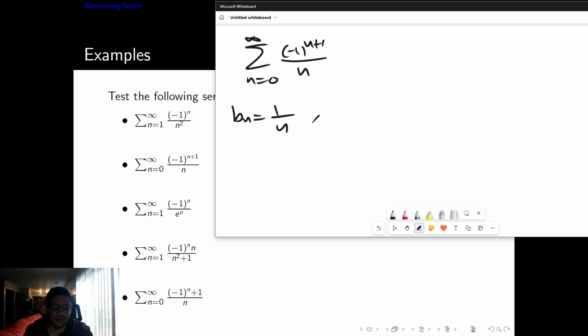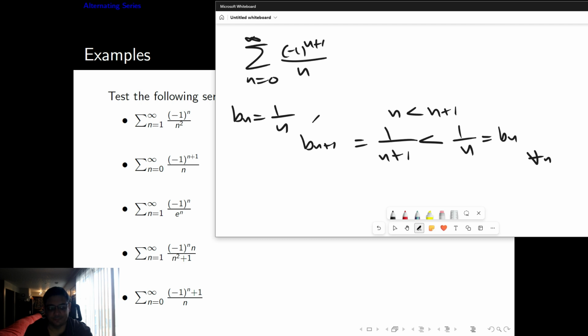And then notice that I can just prove essentially, well, n plus 1 is bigger than n, so 1 over n plus 1 is just going to be less than 1 over n. And so this means that bn plus 1 is less than bn, and this is going to happen for all n in the natural numbers. So this means bn is decreasing.